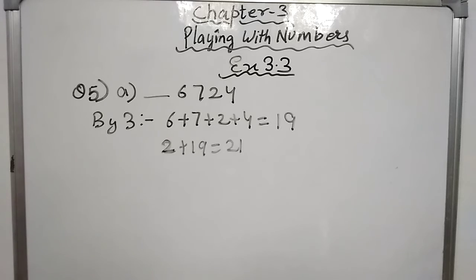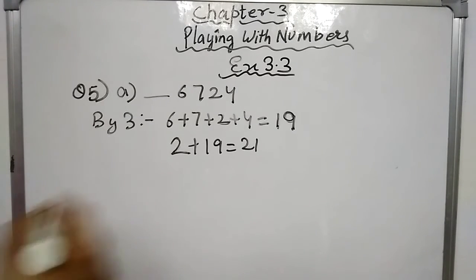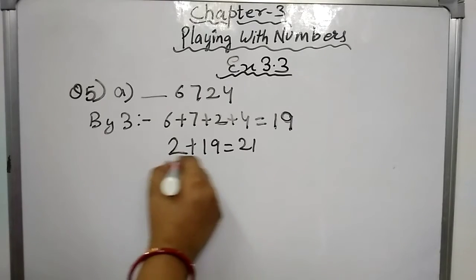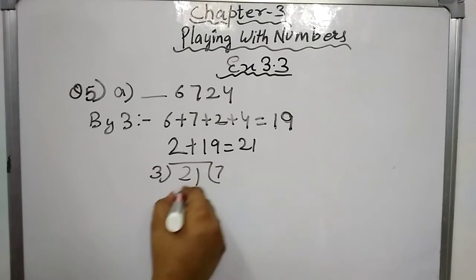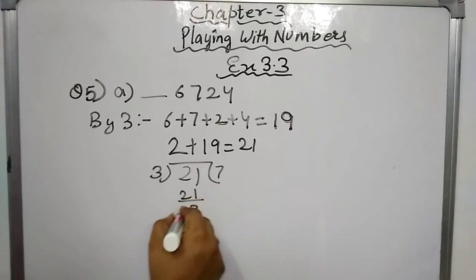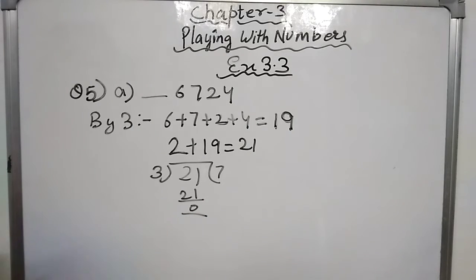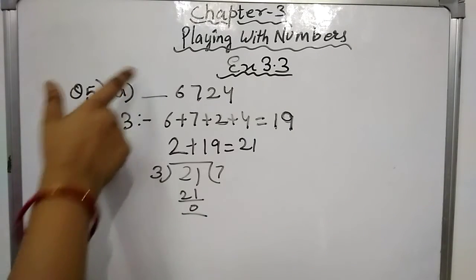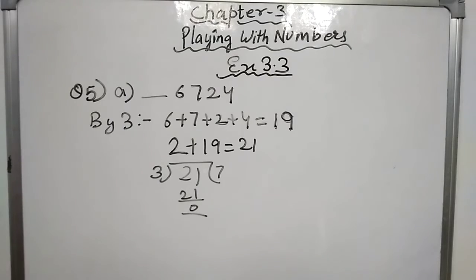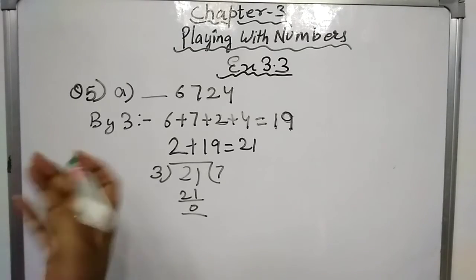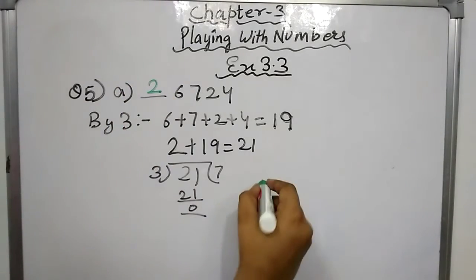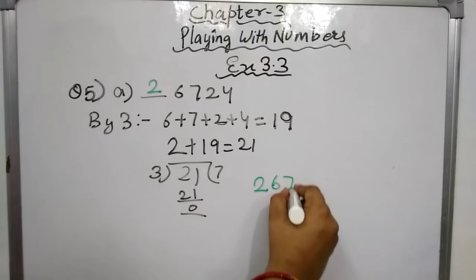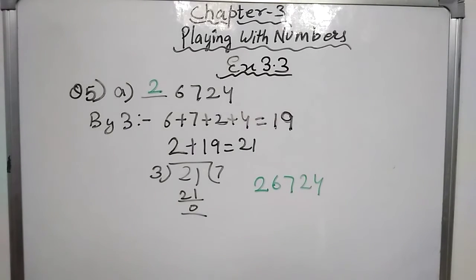And this 21 is divisible by 3. You can divide it by 3. The quotient will be 7 and remainder is 0. So that means this missing digit is 2. You can write this missing digit as 2 and the number becomes 26,724.